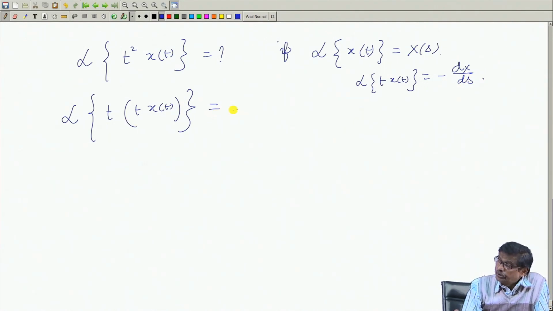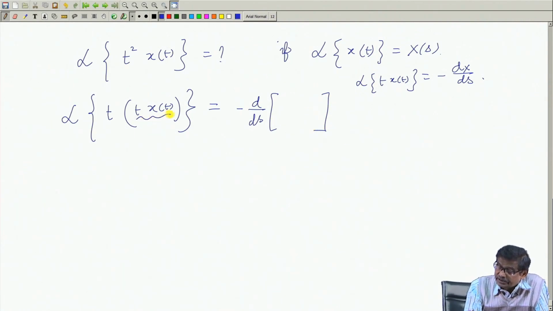So, here it should be minus d/ds of the Laplace transform of this quantity.